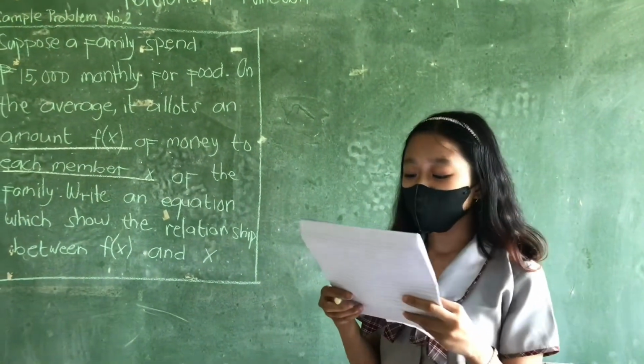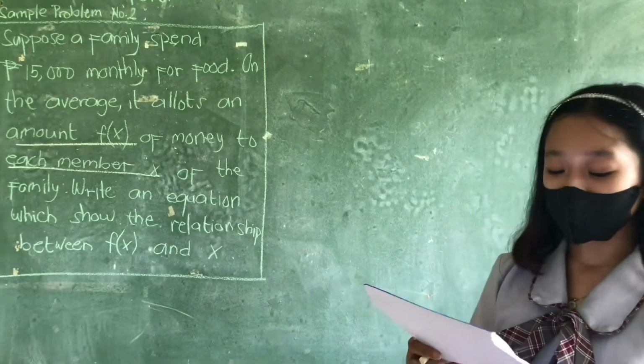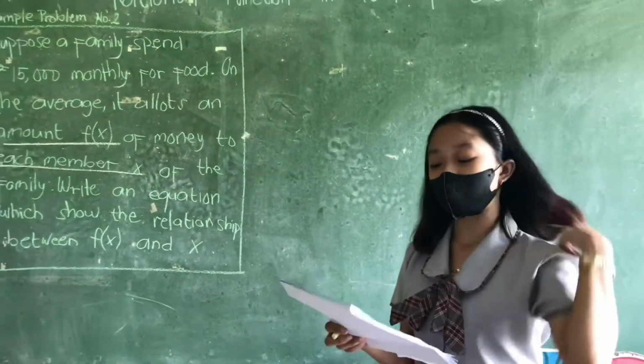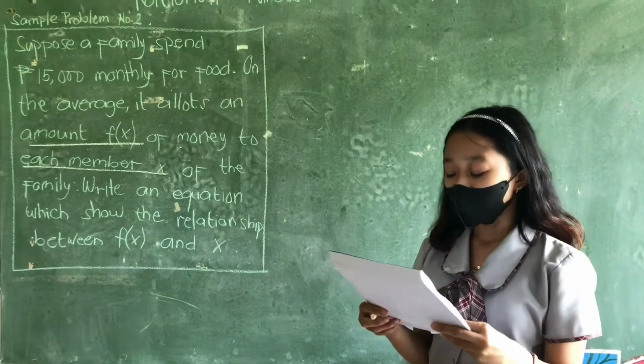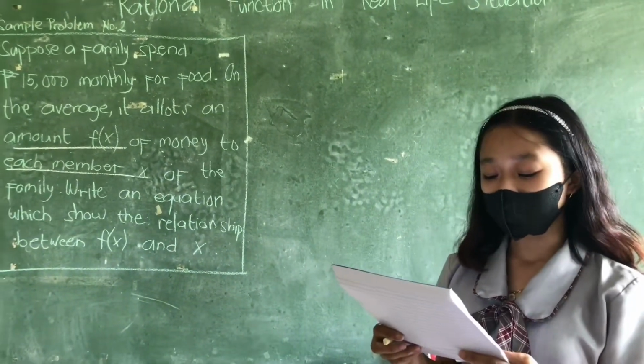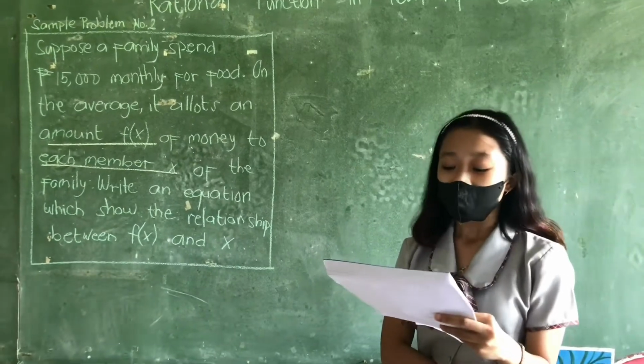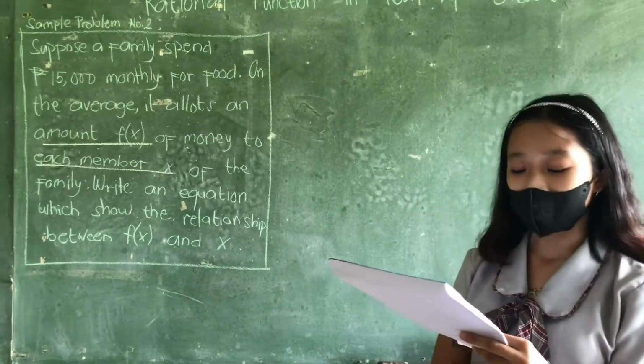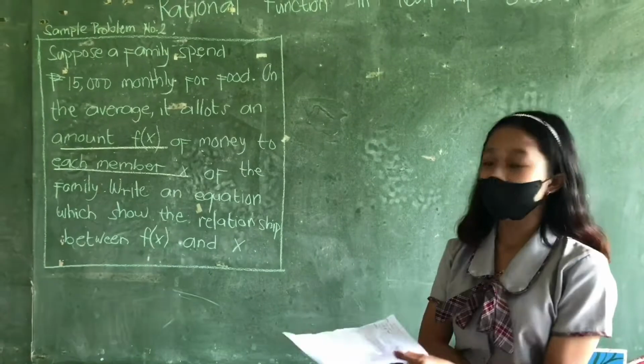So, note that as the number of family members, which is represented by x, increases, each member's share, or f of x, decreases, and as x decreases, then f of x increases. To visualize it, take a look at this table.